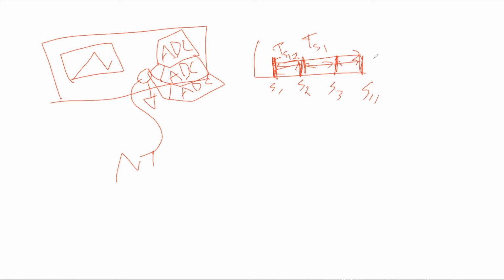And now with 3 ADCs, you end up with a TS equal to 1 over N, the number of ADCs you're interleaving, times the TS of 1 ADC. So this is a great way to get faster sampling out of different ADCs. And this is how your oscilloscope keeps up with the electronics you're trying to sample.